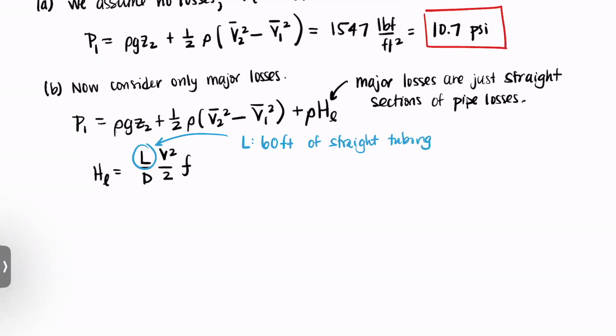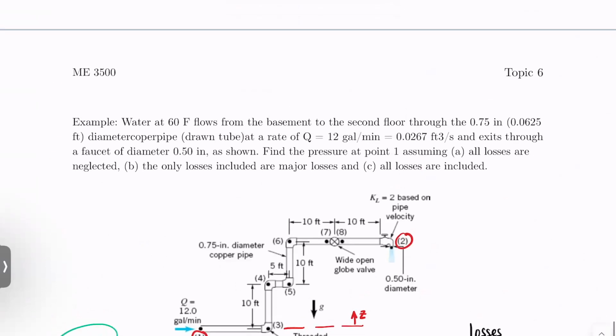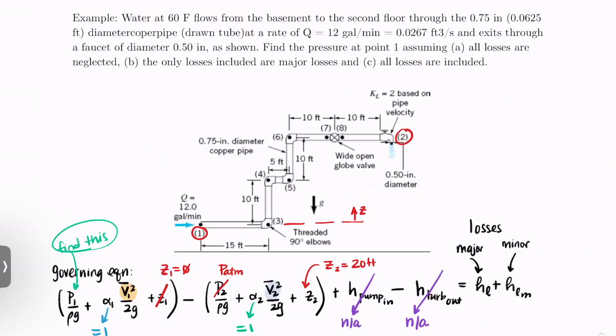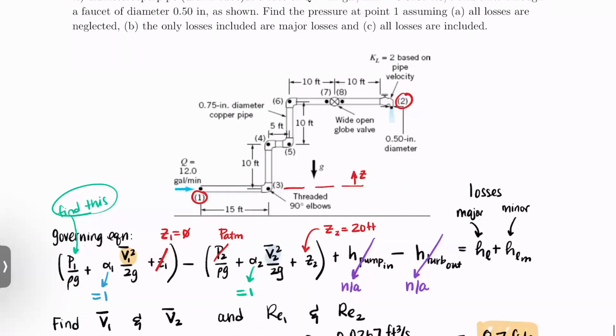All right, and the velocity that we're going to use, if you remember, we had a V1 and a V2, right? V1 was for our 3/4 inch pipe, and V2 was when it gets reduced down in this faucet. So we actually have V1 throughout this entire section of straight tubing because it's all the same diameter, right?